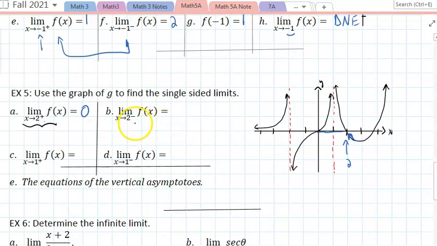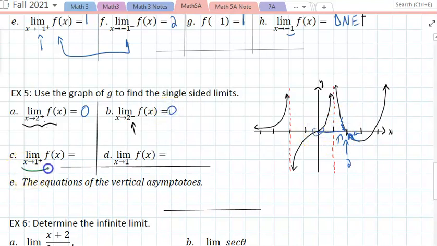How about the limit as x approaches 2? Oh, I did it backwards, didn't I? Yeah, this one should have been from the right. That's a 0 as well.